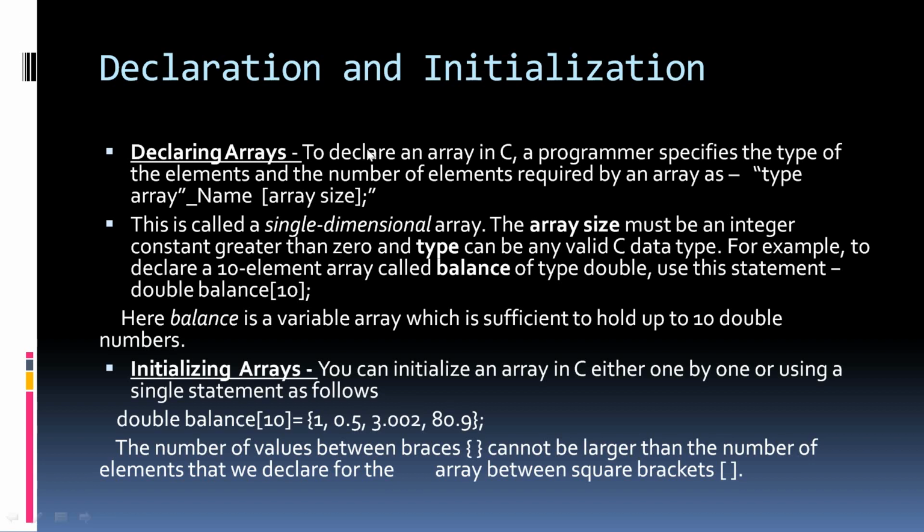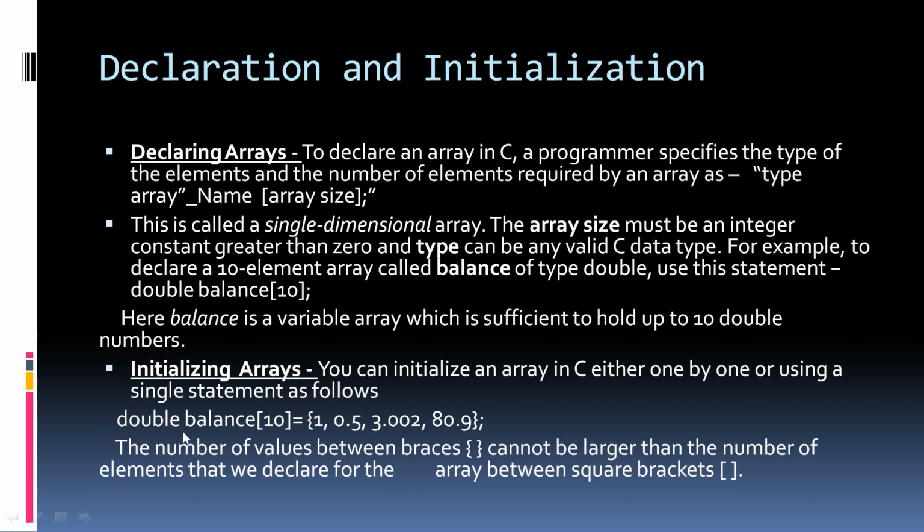Next, we see declaration and initialization of array. To declare an array in C, a programmer specifies the type of the element and the number of elements required by the array. This is called a single dimensional array. Next is initializing an array.